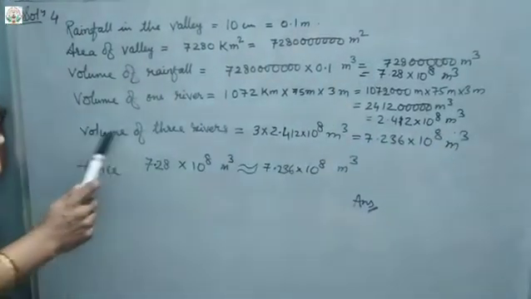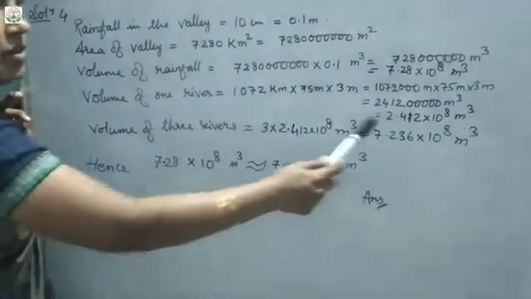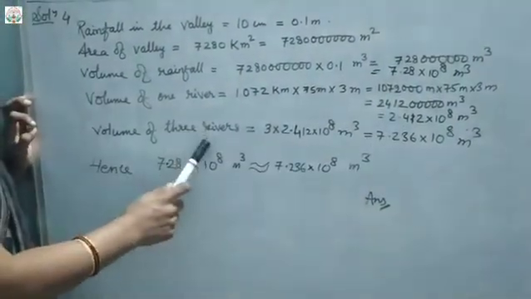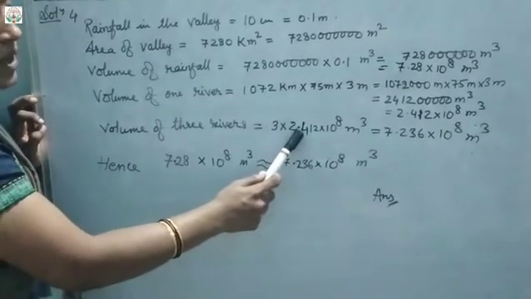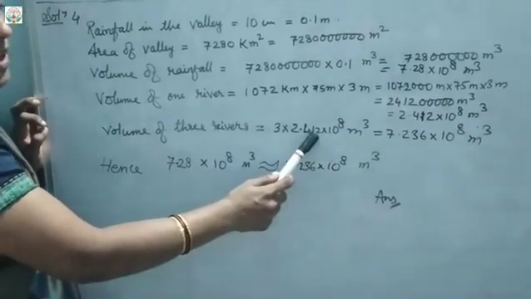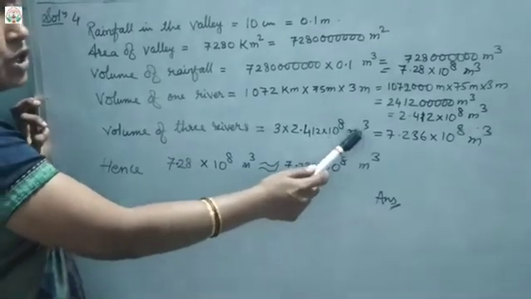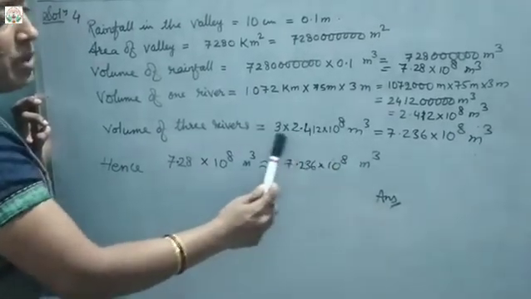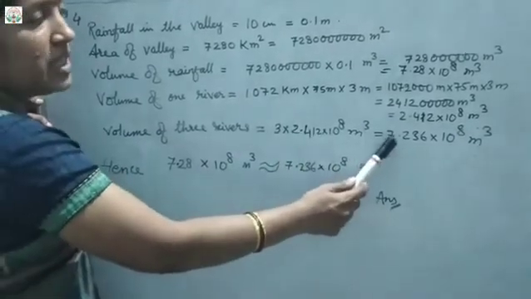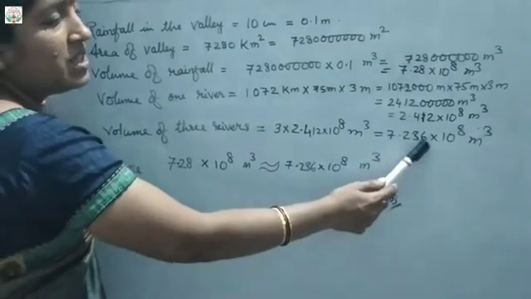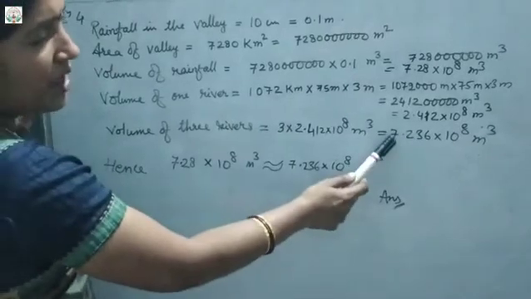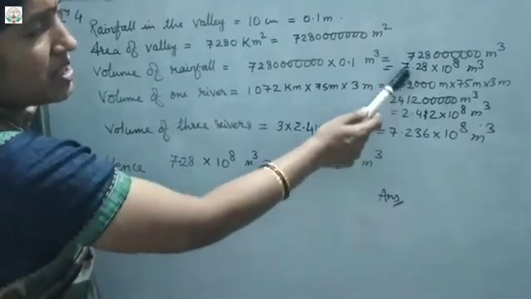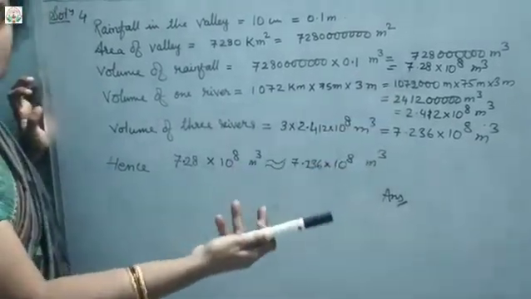Now this is only the volume of one river. For 3 rivers, as given in the question, it will be 3 into 2.412 into 10 to the power 8 cubic meter. On multiplication of these two, we get 7.236 into 10 to the power 8 cubic meter. Now when we compare this with the other, we can see they are approximately equal.